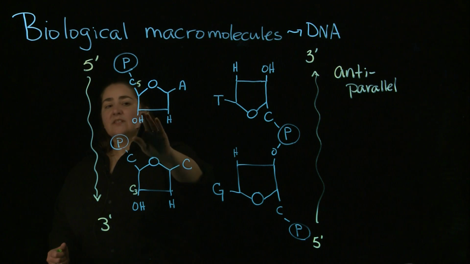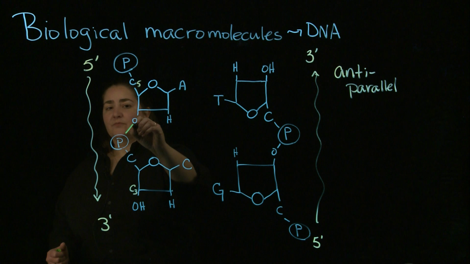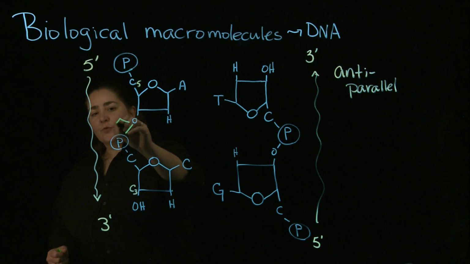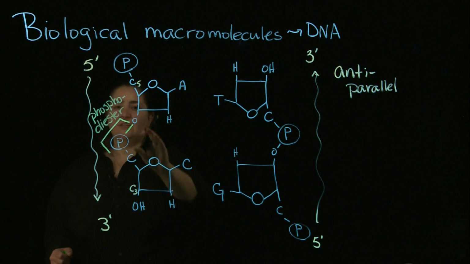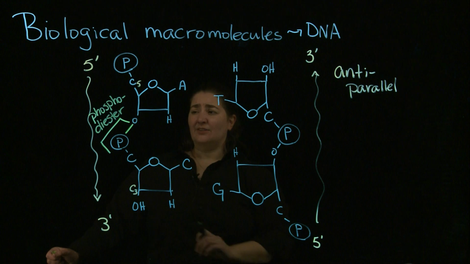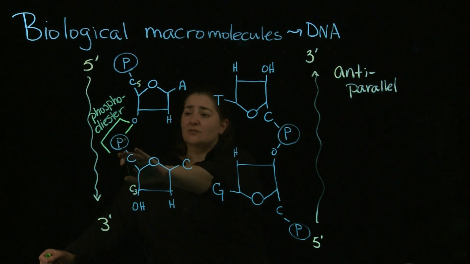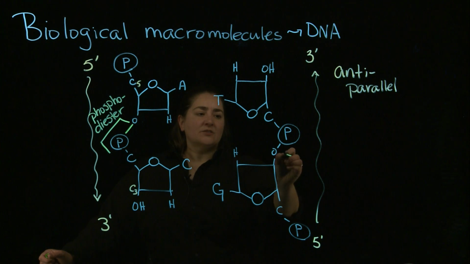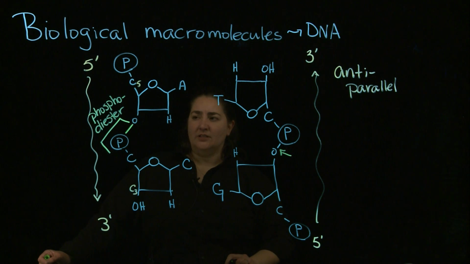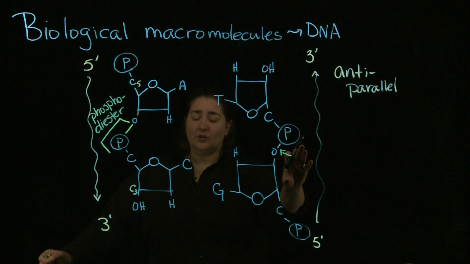But what's going to happen with our nucleotide here is we are going to form what's known as a phosphodiester bond. You've got an ester group in here, that's why it's a phosphodiester: phosphate, ester. Our phosphodiester bond is over here on this side of the molecule.